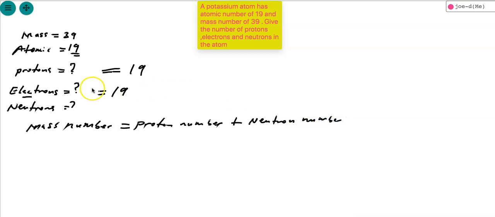Now here we know our proton number to be 19. We also know our mass number. If mass number equals proton number plus neutron number, then neutron number will be equal to mass number minus our proton number. Remember, I just gave that formula.